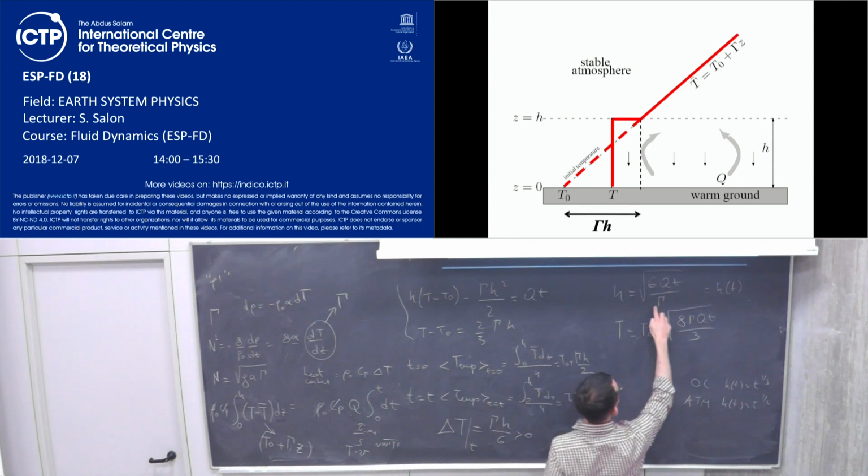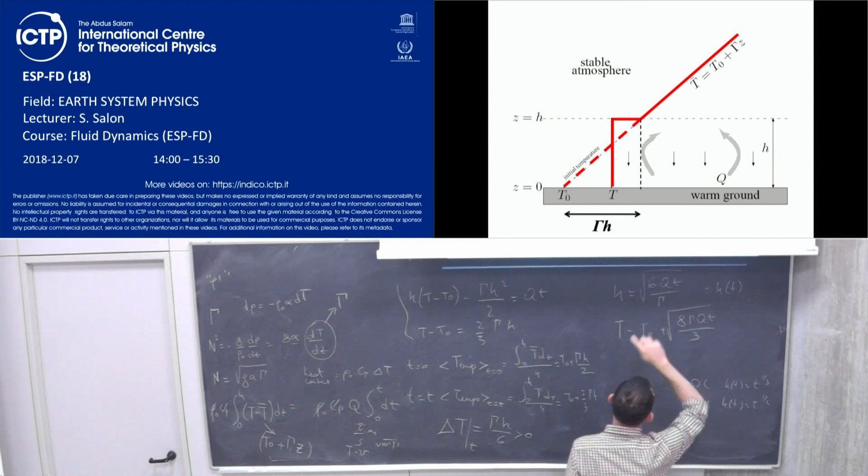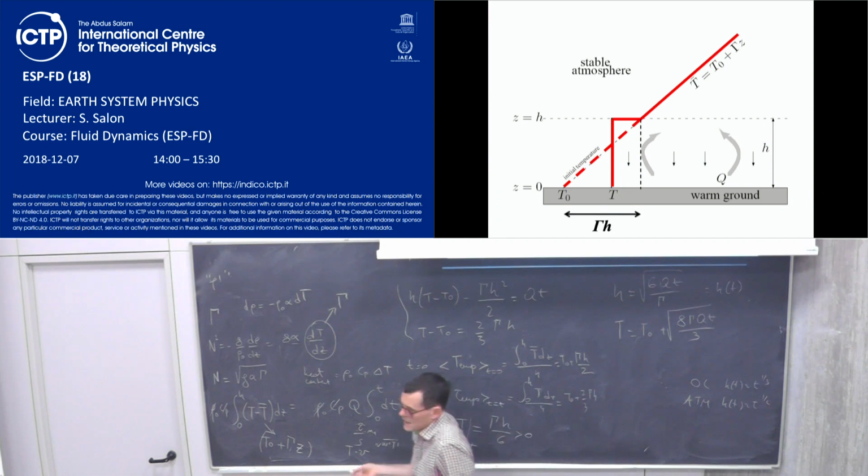It is also, like here, of course proportional to the driving force Q via a square root, and it is inversely proportional to the stratification, actually to the parameter of stratification, which is given by the density, the temperature gradient.